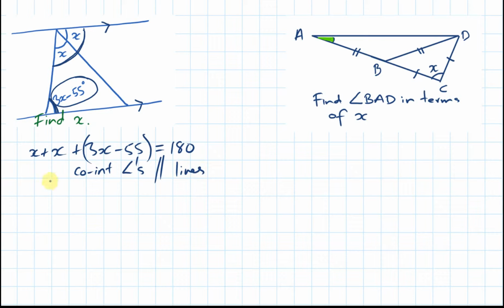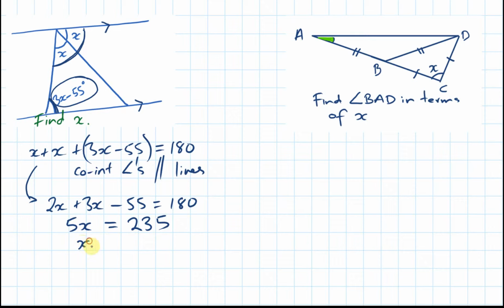So we need to simplify. We've got 2x plus 3x minus 55 equals 180. A bit more simplifying and rearranging, we get 5x is equal to 180 plus 55, which is 235.